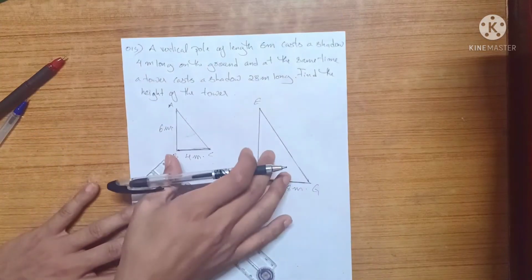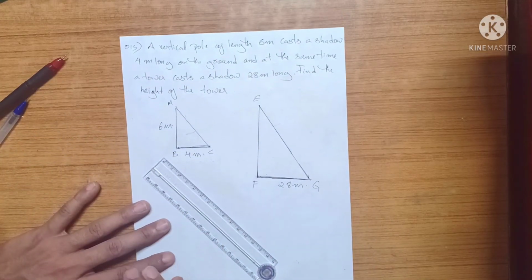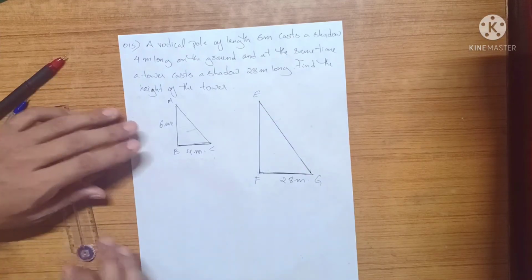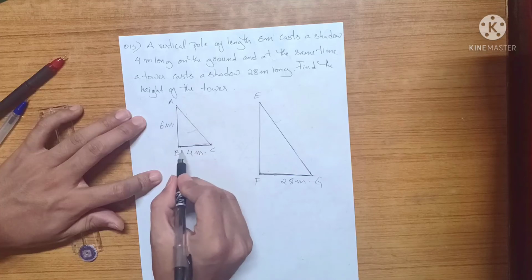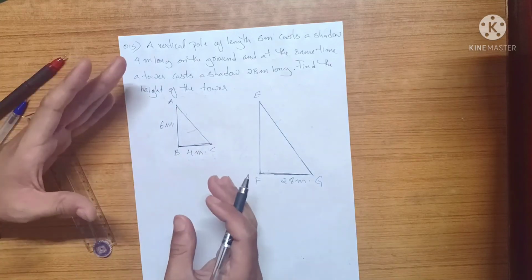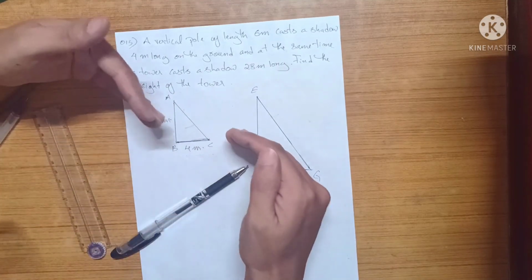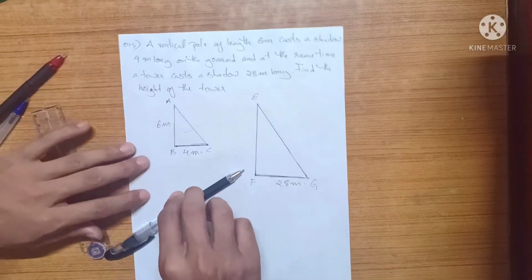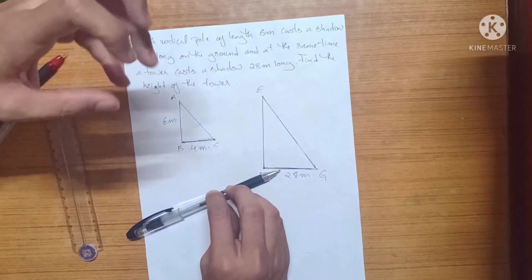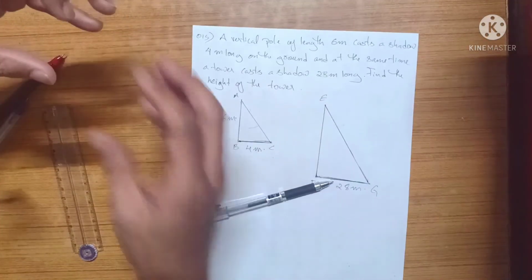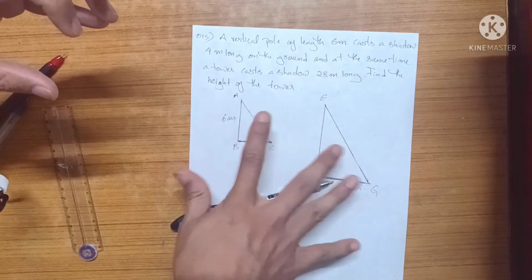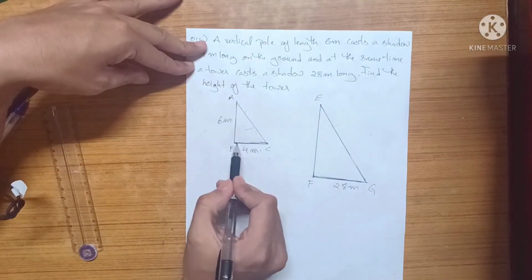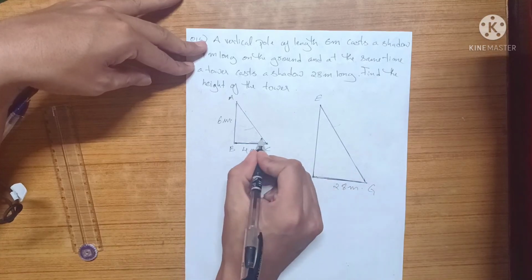whatever we're doing here, you can apply it in real life also. If you know the height and the shadow of a smaller object, and it's at almost the same place at the same time, then the angle with which the shadow is being cast will always be the same.